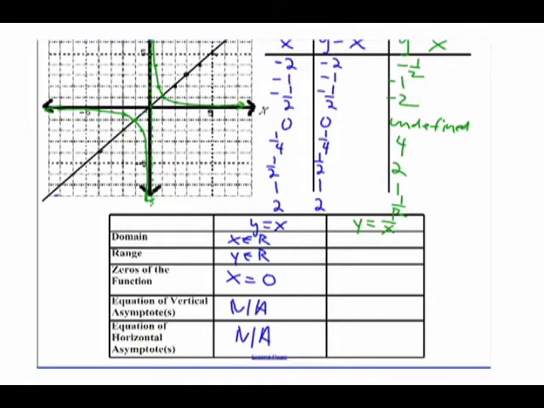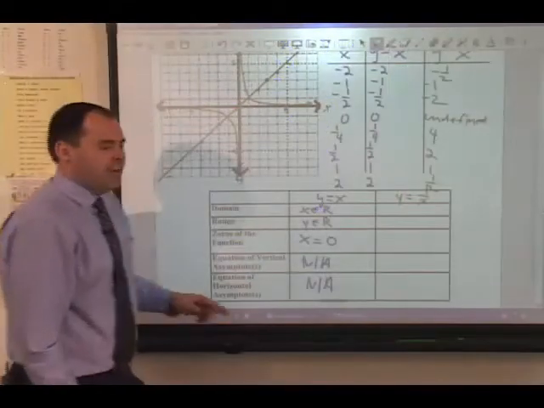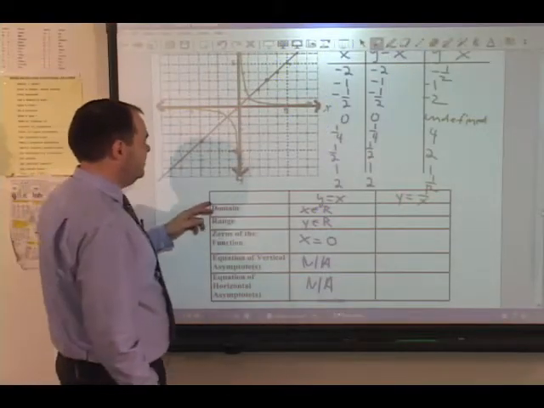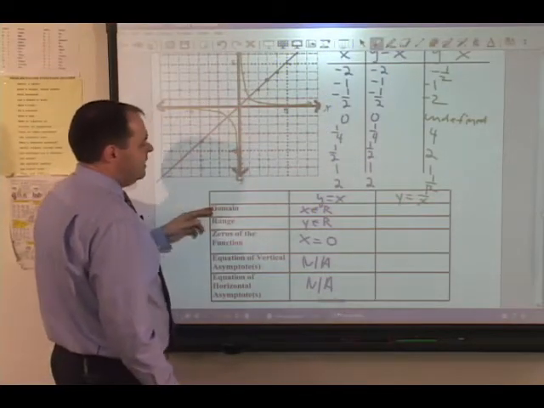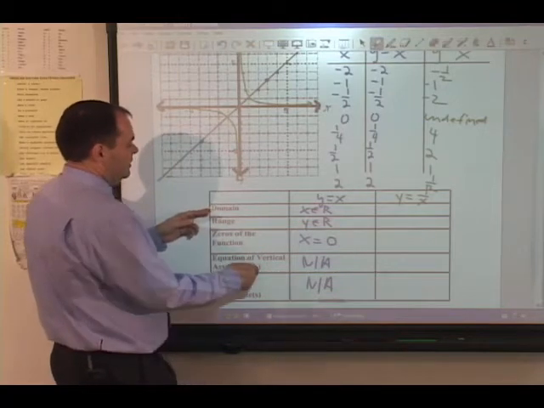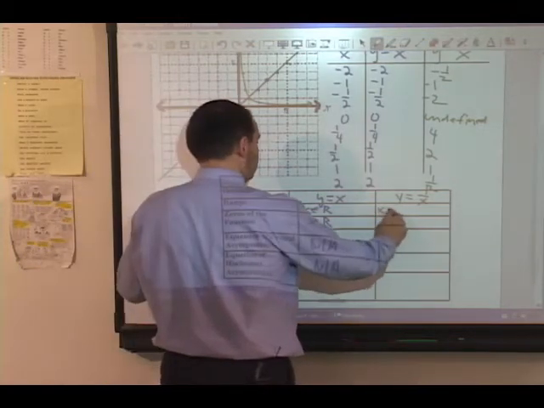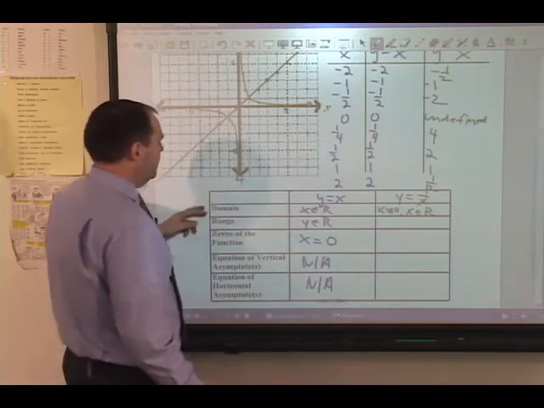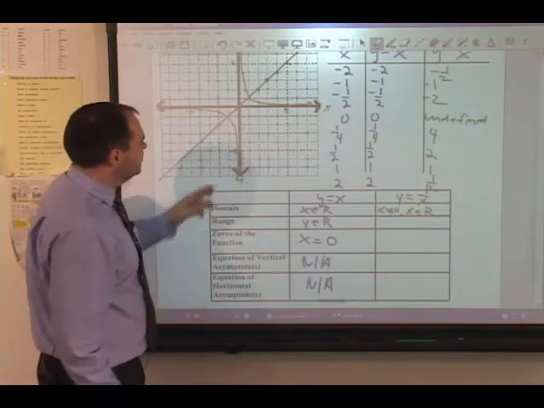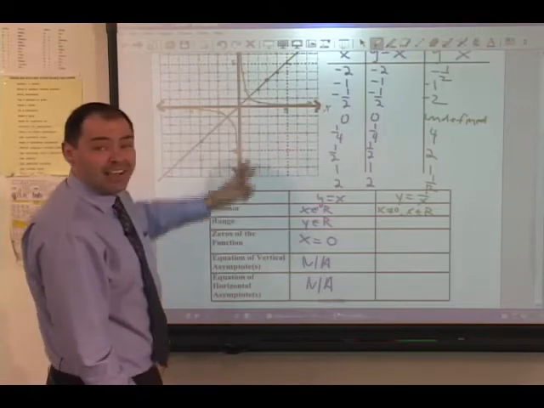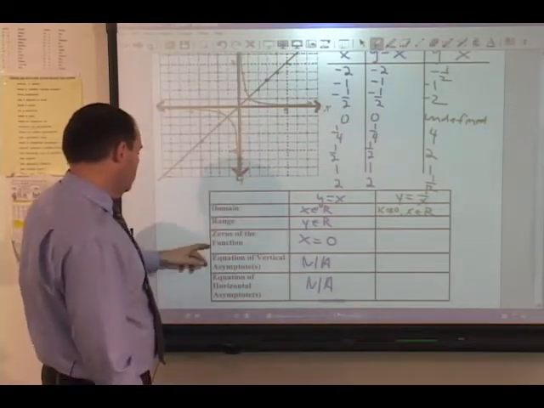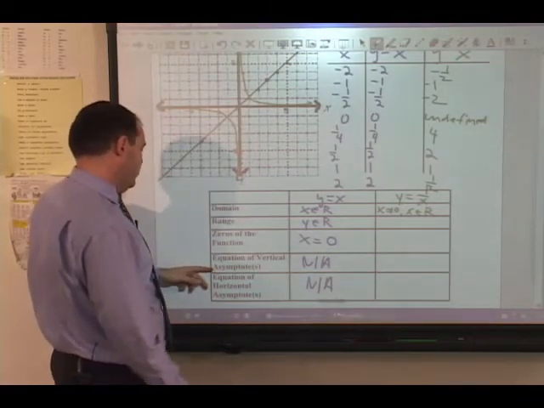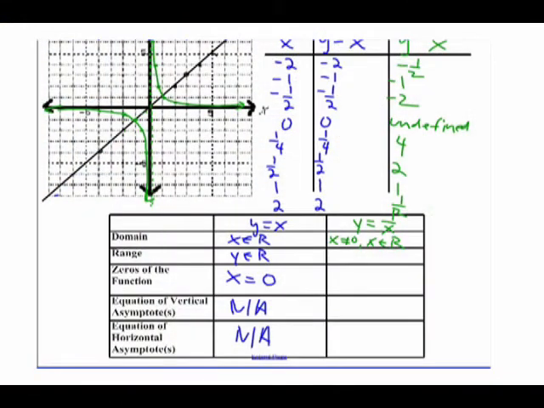Now when I created the reciprocal graph, I had undefined points at x equals 0. So x cannot be 0 in the domain, but it can be any other real value. What ended up happening at x equals 0 was my vertical asymptote. So where it says vertical asymptote down here, we can say that that's created at x equals 0.